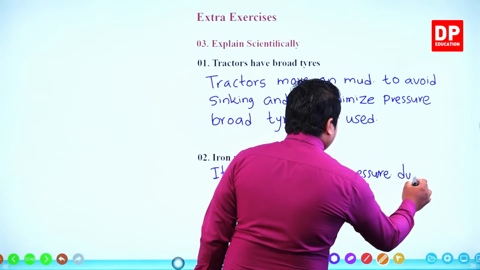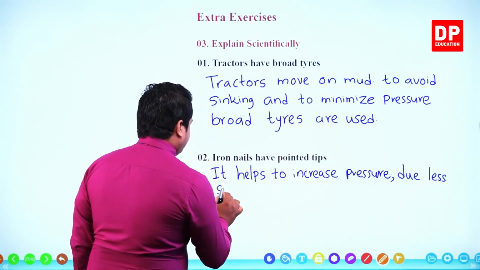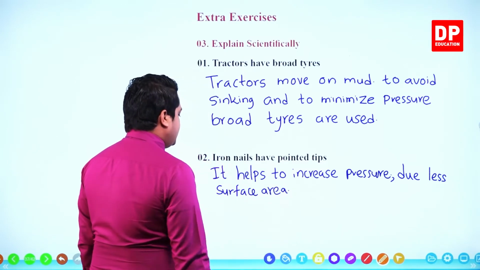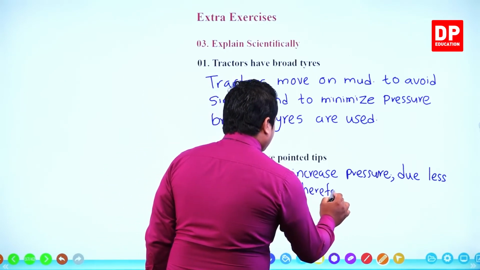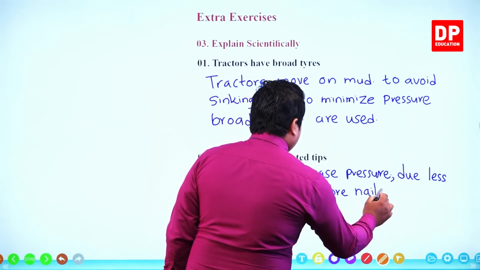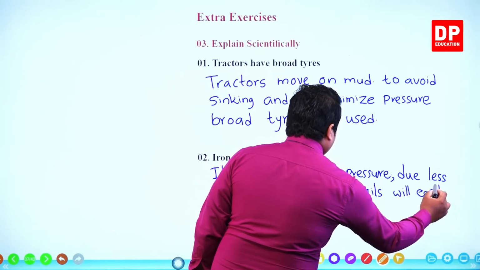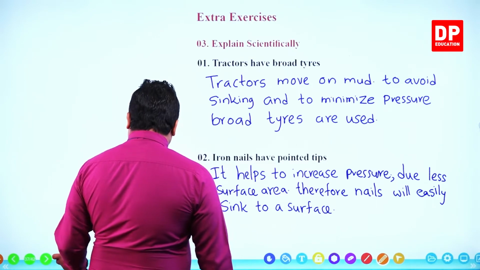Due to less surface area. Therefore, nails will easily sink to a surface upon small force, right?